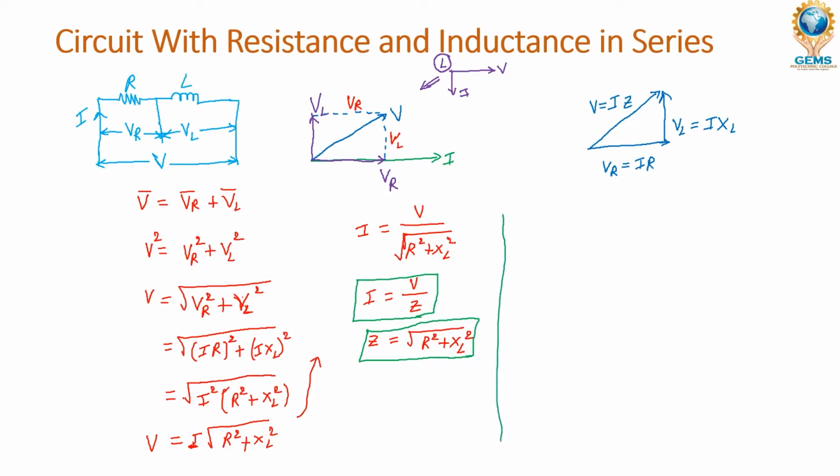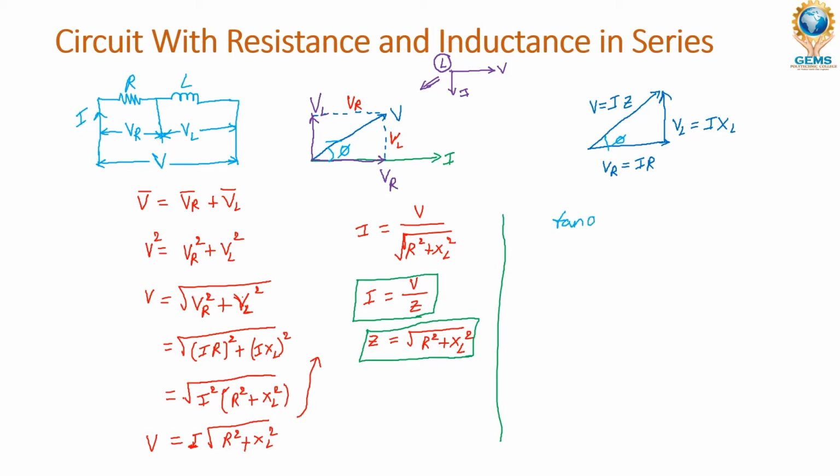After this, from this triangle, now we are going to take this angle. Here we have the angle, that is phi. Sorry, that is not theta, that is phi. Here we will write tan phi.